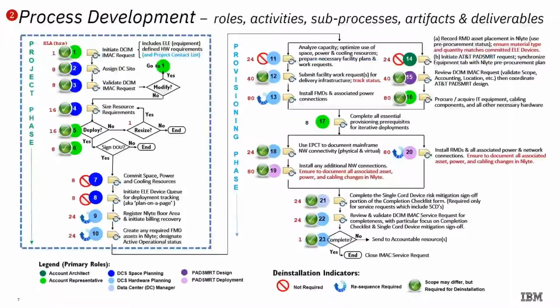We further developed that process into, and I'm not going to go through this in detail, I know you will thank me for that, but this is just to give you an idea that with that, we started looking at roles, activities, the sub-processes, and artifacts and deliverables that we needed to generate from a workflow.